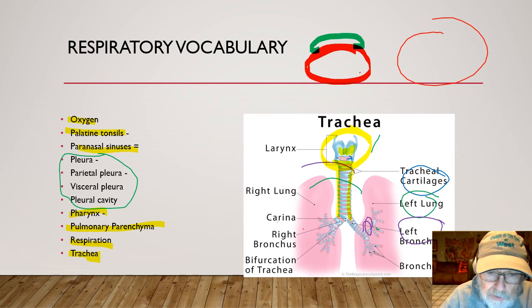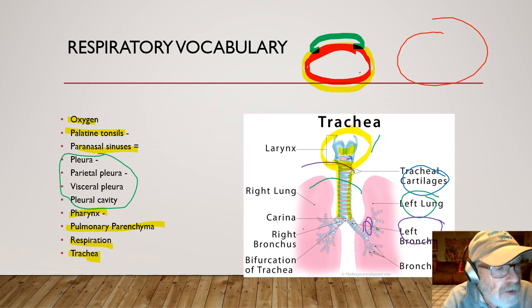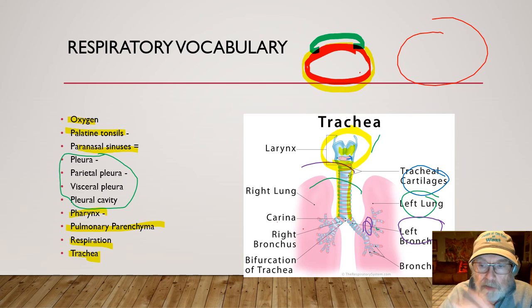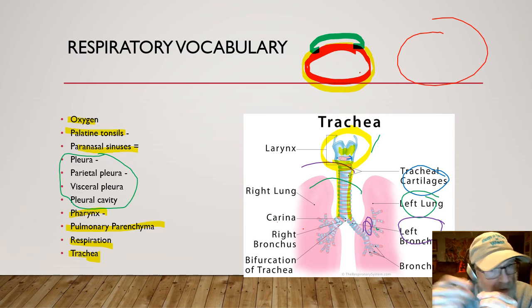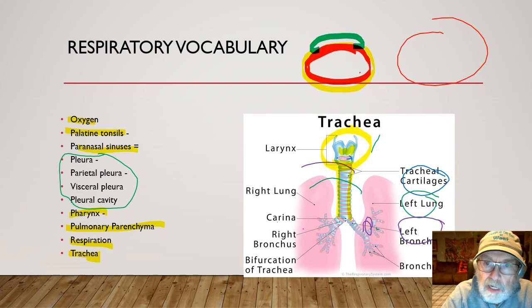These cartilage rings on the trachea only go part way around, because they can't go back in here. If they go back in there, it's actually going to interfere with the swallowing of food as it goes down the esophagus. The esophagus is a muscular tube, and it's basically flat. The majority of the time when we're not eating, it's closed. And when we eat, that muscular tube opens up to allow food to go down.